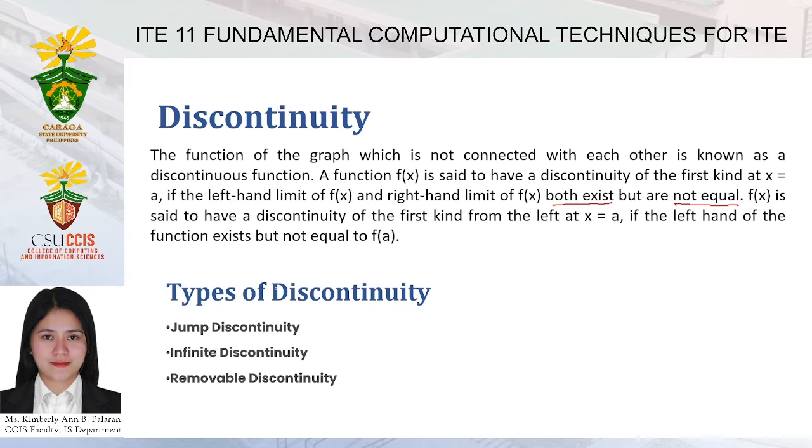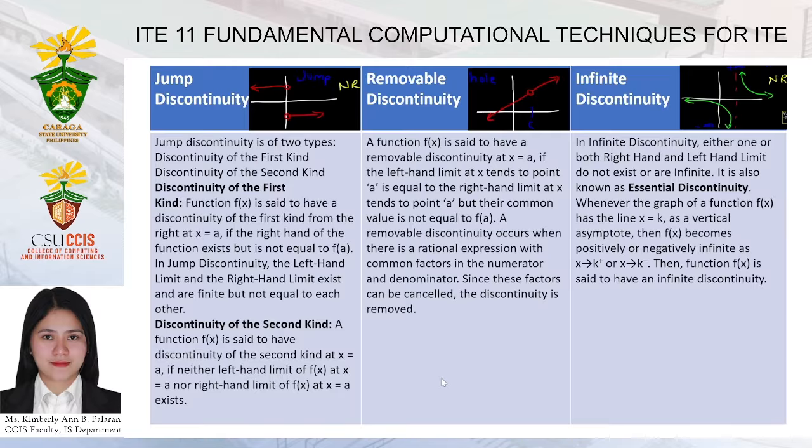So here are the types of discontinuity. We have the jump discontinuity, the infinite discontinuity, and the removable discontinuity. Let's discuss further what these types of discontinuity are. A jump discontinuity is of two types: discontinuity of the first kind and of the second kind.